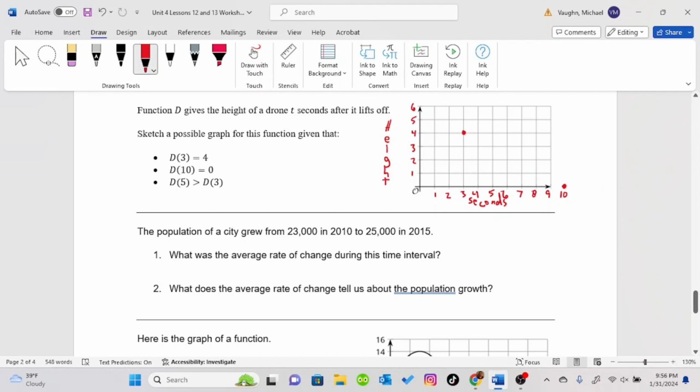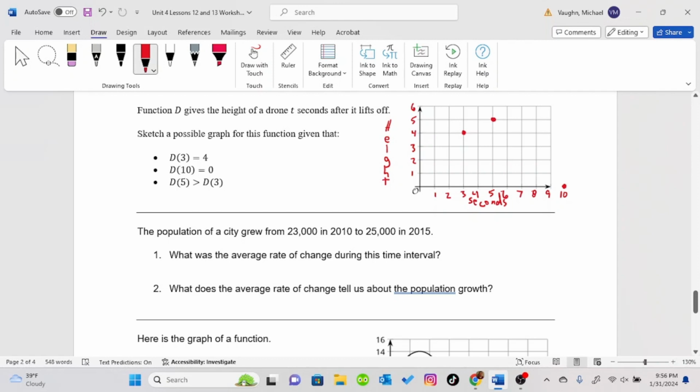And we need D of 5 to be greater than D of 3. So if D of 3 was 4, I could just say D of 5 is 5.